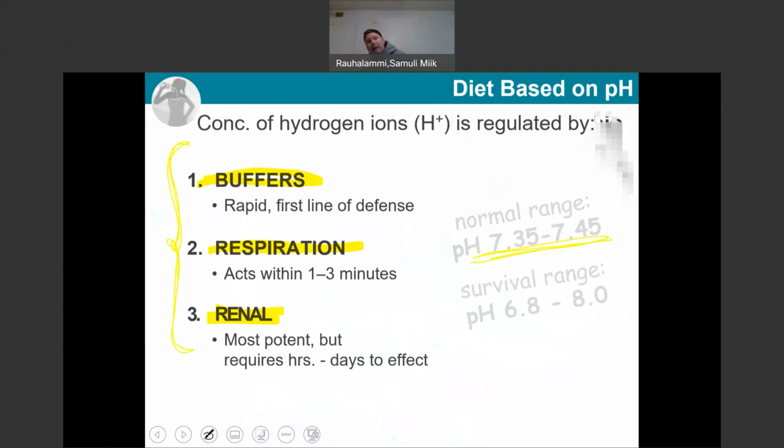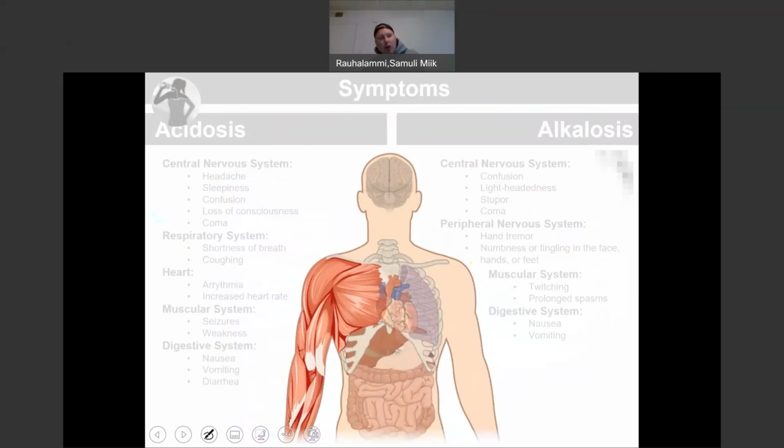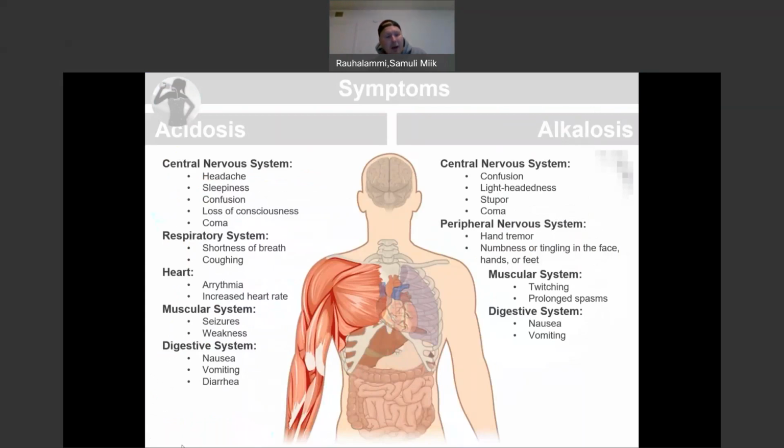And kind of to wrap this up, I wanted to show a few examples of the clinical conditions, acidosis and alkalosis. Even though the signs and symptoms start as fairly not dramatic, headache, feeling confused, lightheaded, sleepy, the condition can quickly worsen to the level of loss of consciousness or going into coma.